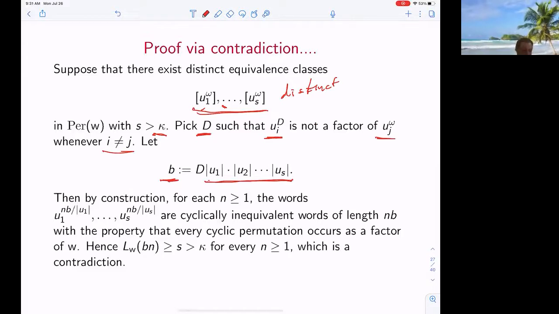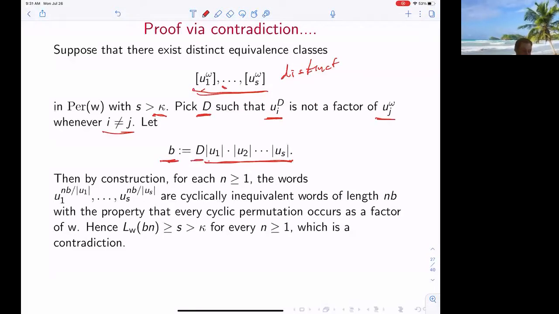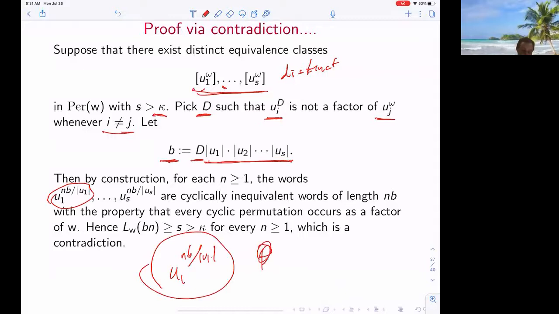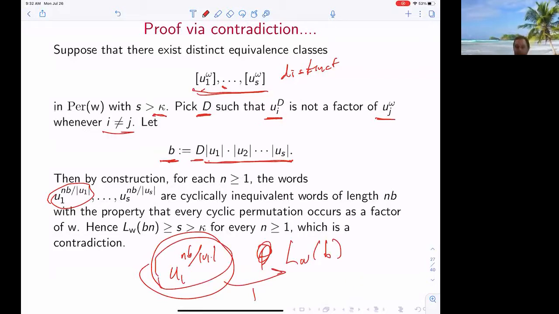And then by construction, u_1 to the nb over u_1 is counted by the Lie complexity function of length b. It contributes 1 to the Lie complexity because this square appears as a factor, because u_1 appears to arbitrarily high powers. And we said that once the square appears, this is contributing 1 to the count.